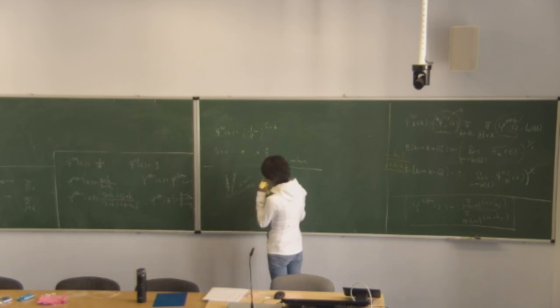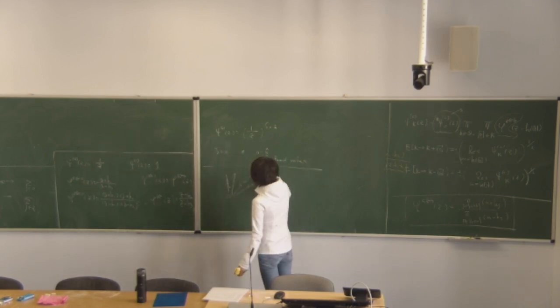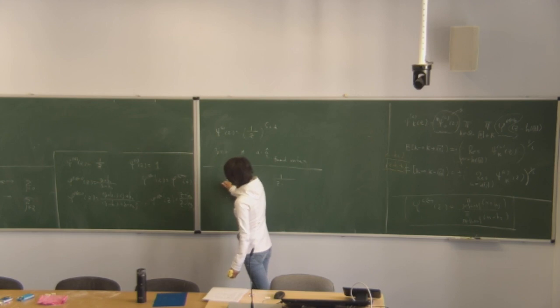So for each arrow going in, you have a pole where the pole is at the weight of this arrow.